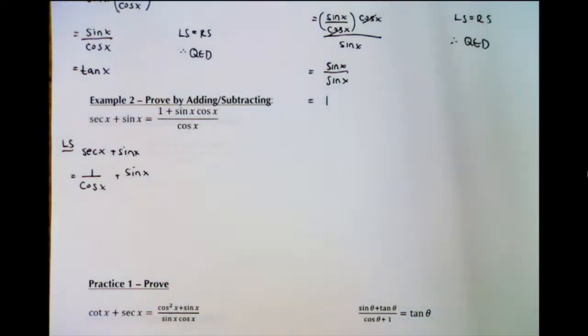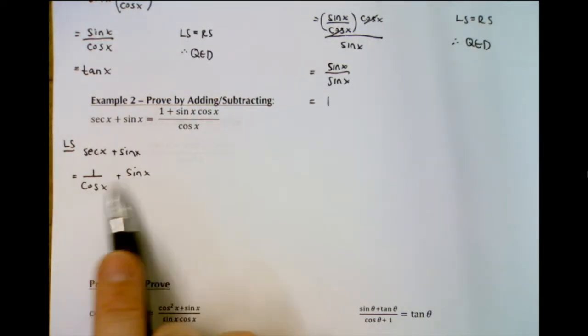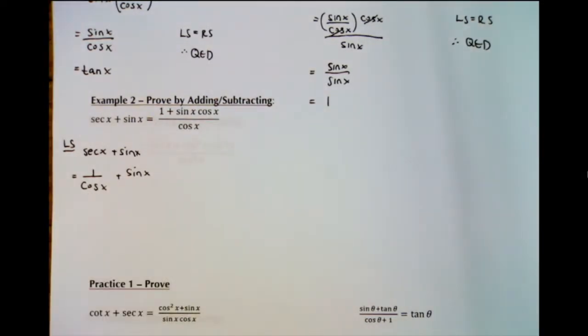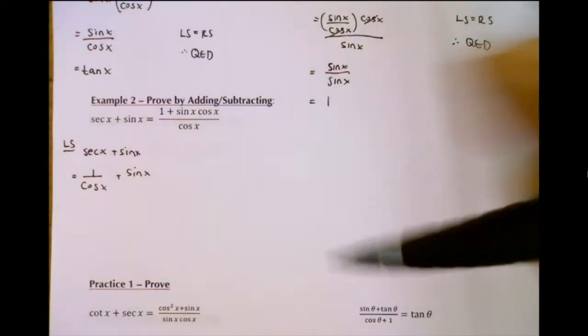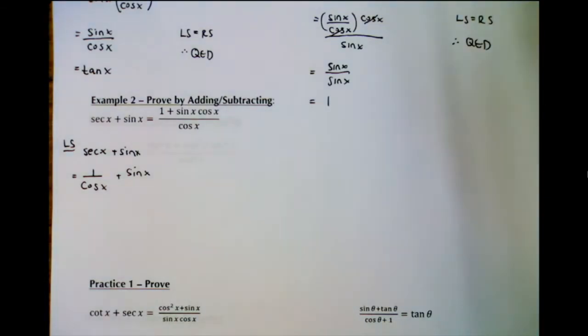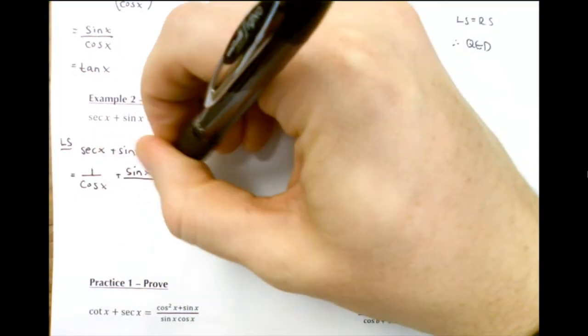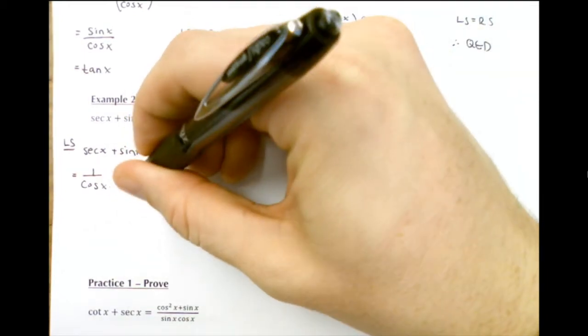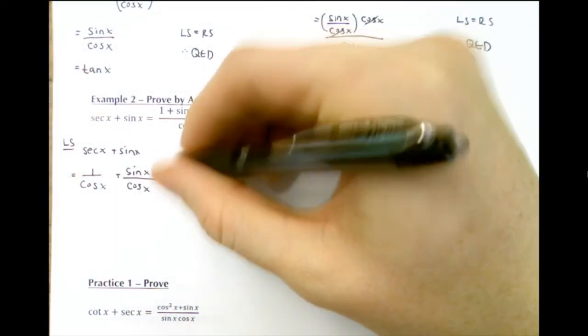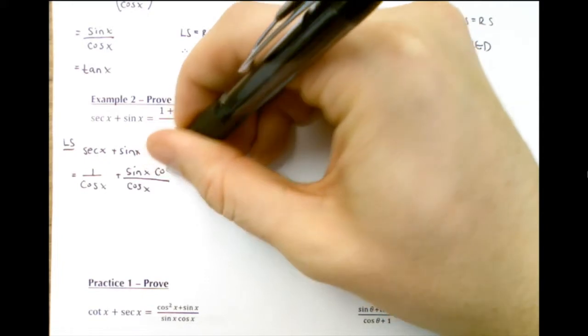This says prove by adding or subtracting. So what are we adding or subtracting? Well, we're going to add these two terms, or these two fractions, together. How do you add fractions? Well, to add fractions, you need a common denominator. Sine x's denominator is 1. So to make this have a common denominator, we have to change sine into something over cos x. In order to do that, we have to multiply the top and bottom of this fraction by cos x.